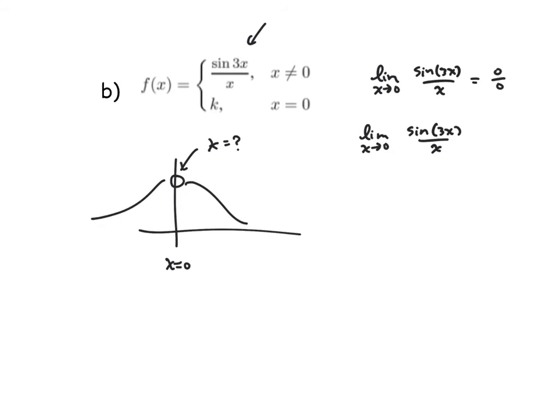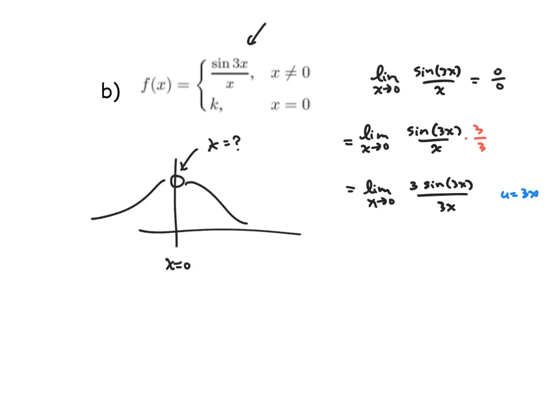Here's how you do that. I'm going to multiply by 1 by multiplying by 3 over 3. So look what that does to this limit. It makes 3 sine of 3x over 3x. And just for a moment, I'm going to do a quick substitution. I'm going to say u equals 3x.